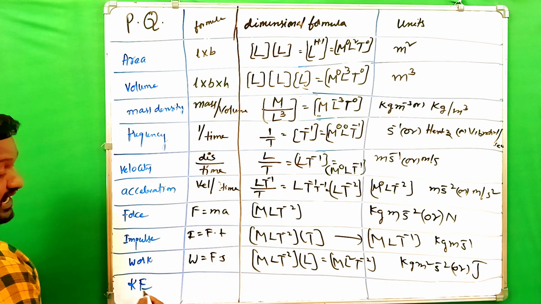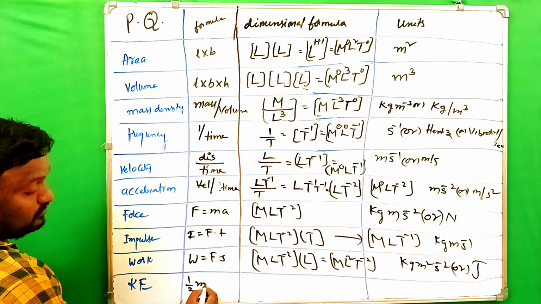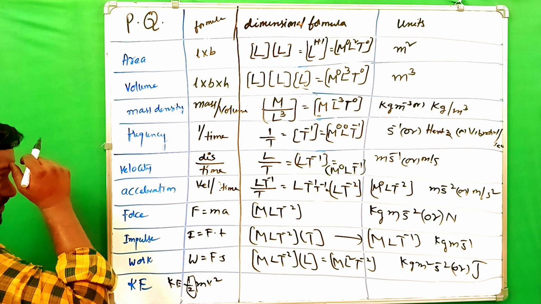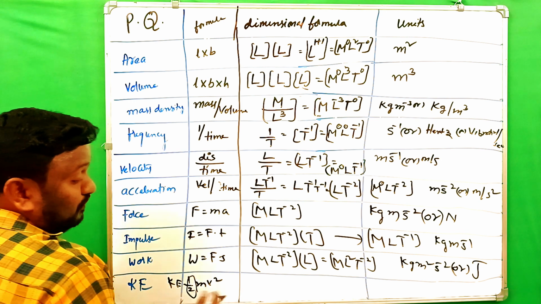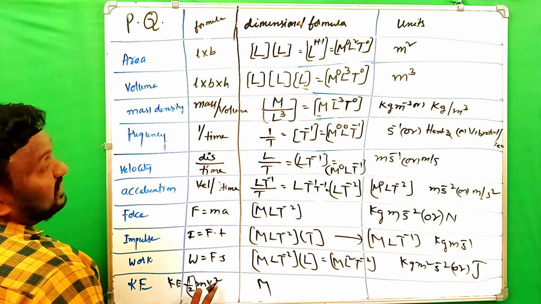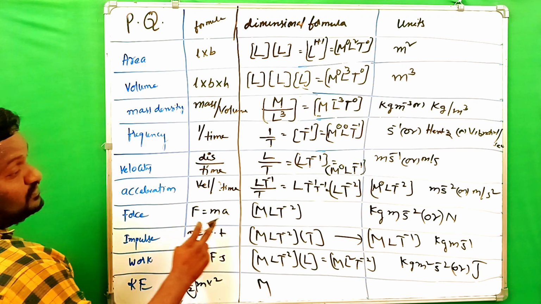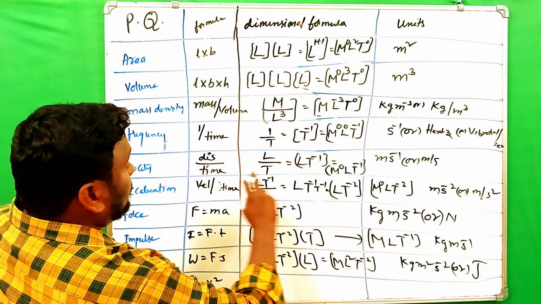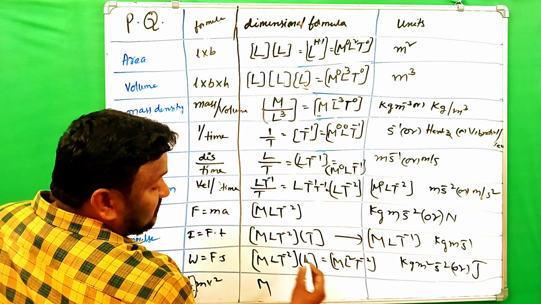And similarly here kinetic energy, the formula is what? Kinetic energy is equals to half m v square. Half is a number. For a number there is no dimension formula. Mass, capital M. And what is v? Velocity. What do you have for velocity? LT inverse 1.